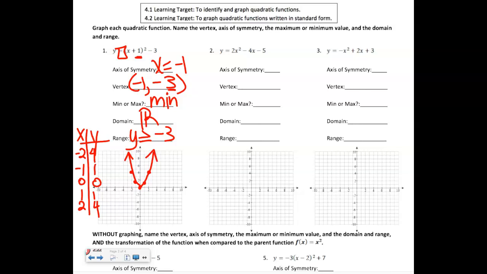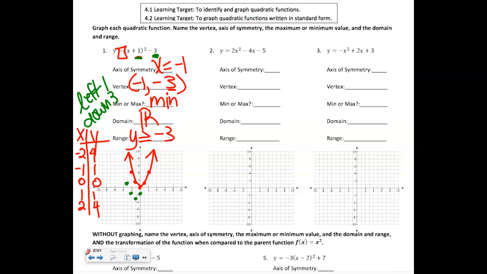And then we're going to take our parent and do the transformations. And reminder, the transformations we take from our equation and this information that we looked at before. So that 1 means I'm going to go left 1, and the 3 means I'm going to go down 3. So now I'm going to take every single point on my parent, and I'm going to go left 1, down 3, left 1, down 3, left 1, down 3.